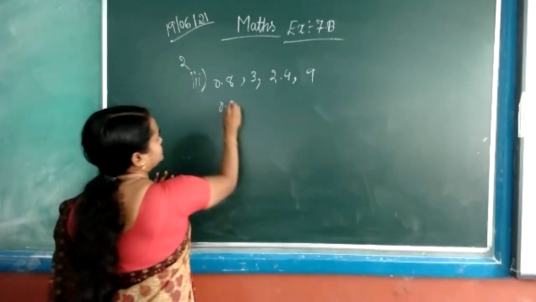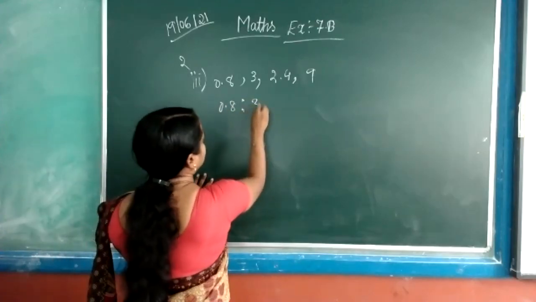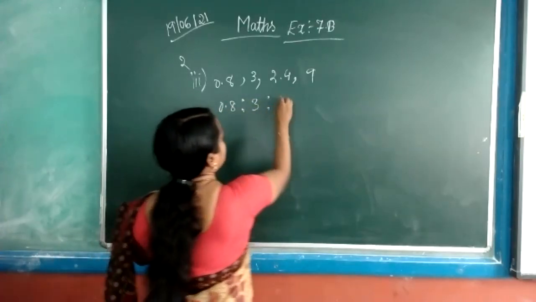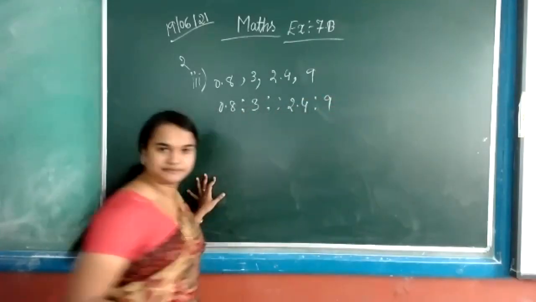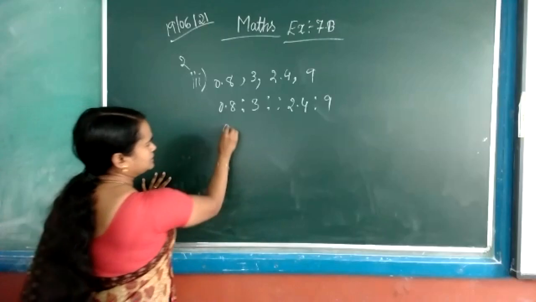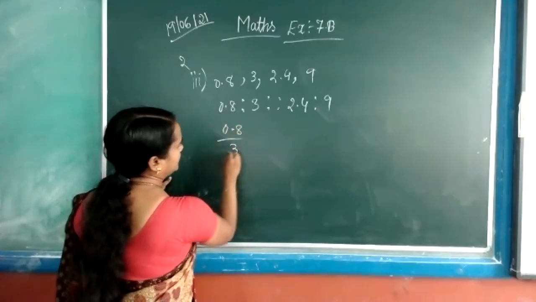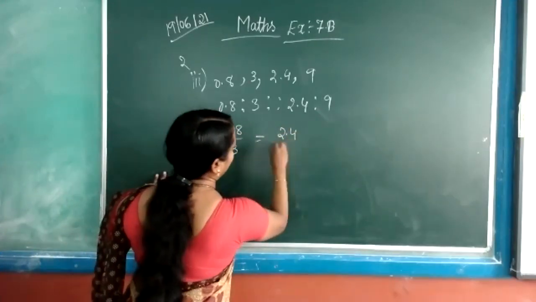Now 0.8 is to 3 as 2.4 is to 9. So what is the first step? 0.8 upon 3 equals 2.4 upon 9.